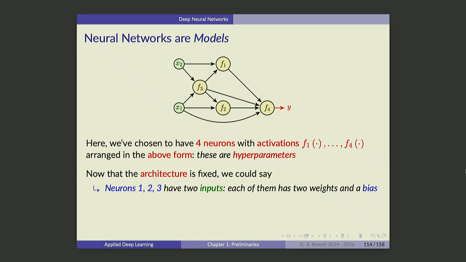Now, if you have 2 inputs in a neuron, how many parameters you have? 3, right? Every input has its own weight. You have a bias, right? So you have 3 neurons. All of them have 3 parameters, right? 2 weights and 1 bias. So these guys together, they have 9 different parameters. What about the last guy? How many inputs it takes? 4.